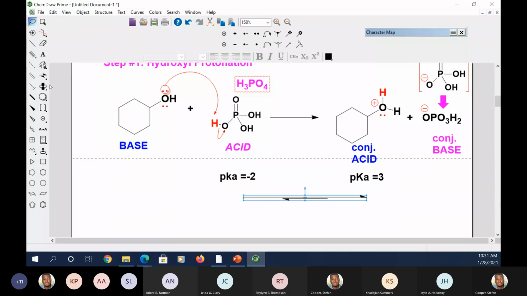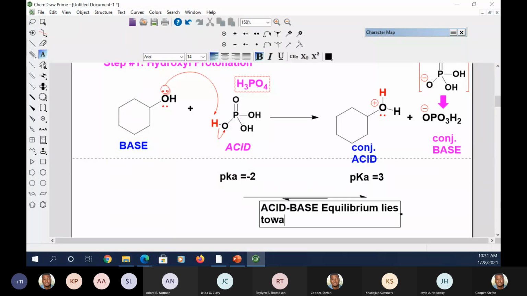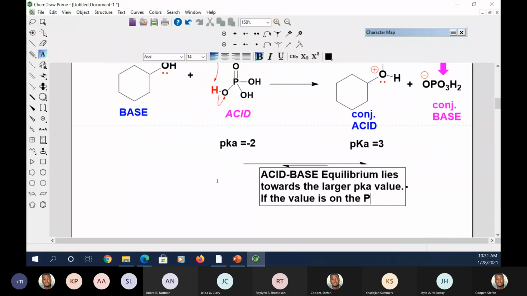All right, so equilibrium always lies towards the larger value, right? So we'll say this. That's a base. Equilibrium lies towards the larger pK value, right? If that value is on the product side, we call the reaction what?